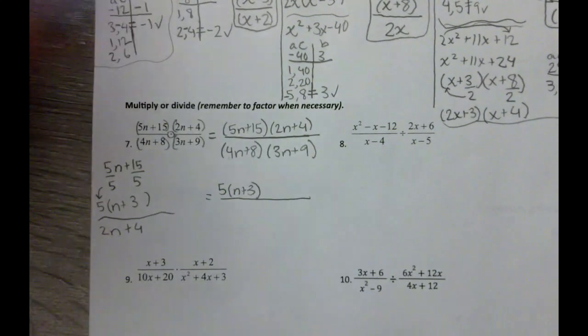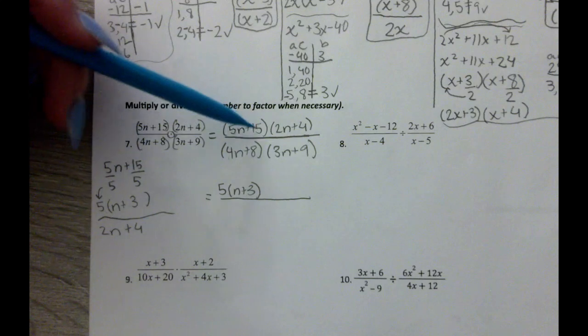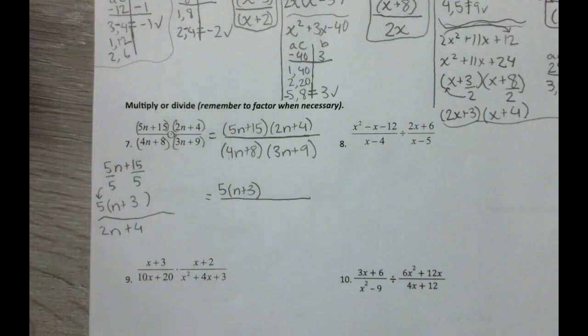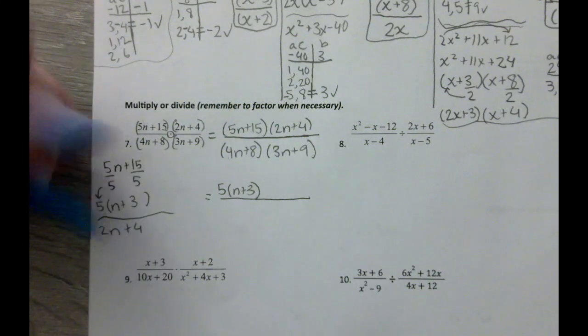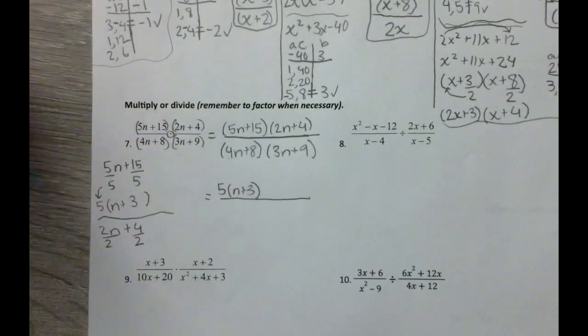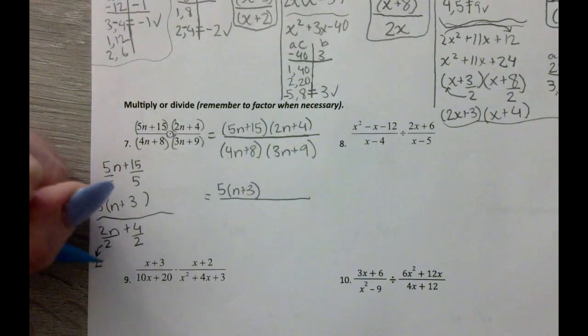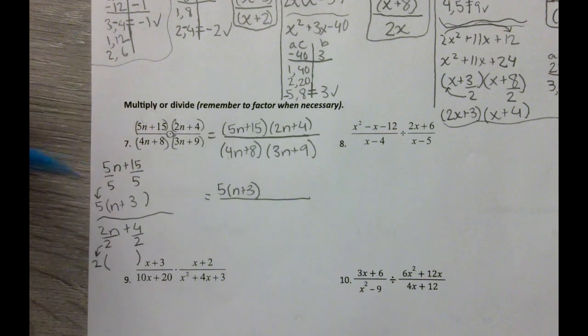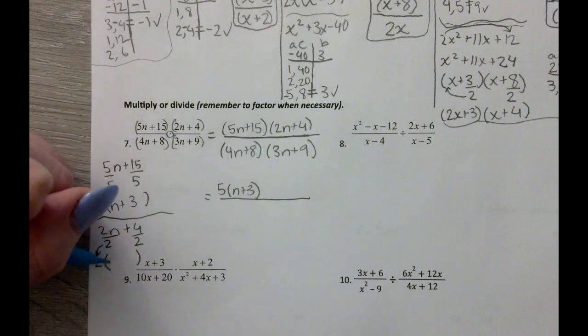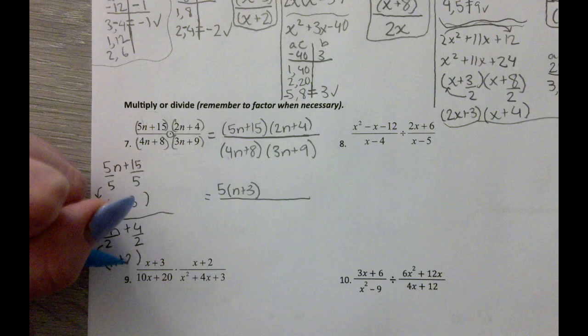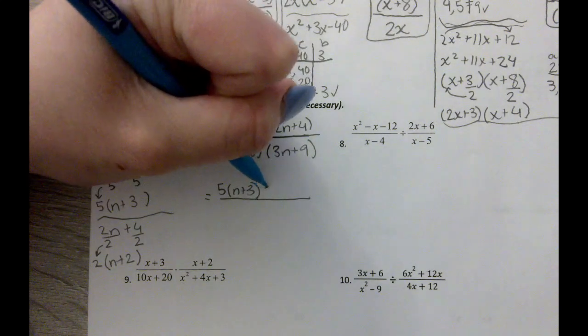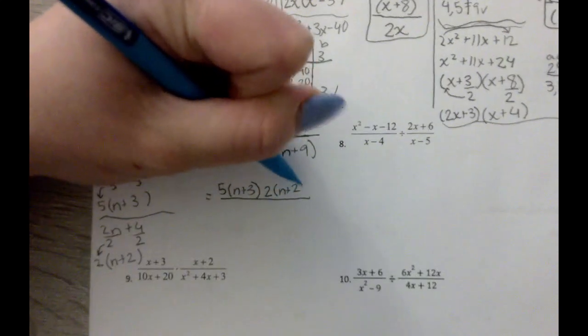And again, I can notice GCF problems just by looking at the two terms involved and asking, is there something that they have in common? In this case, it's a 2. Remember, 2 comes out, it does not disappear. 2's cancel, we're left with n plus 4 divided by 2 is 2. So it's 2 times n plus 2.